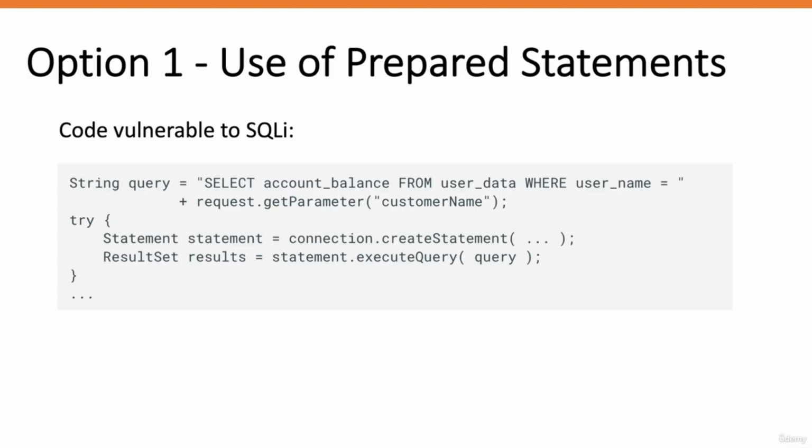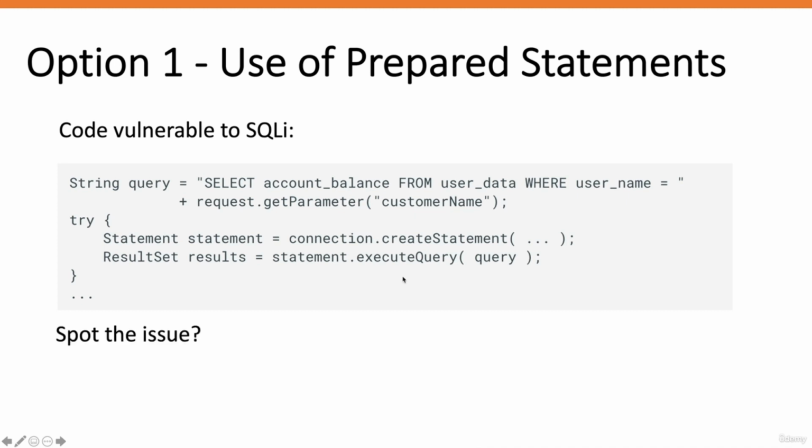Okay, so let's take an example first. You've got a code block over here. The first one, which is query, has: select the account balance from the user data table where username is equal to request.getParameter customer name. So what this does is it takes user controlled input, customer name, and adds it directly to the query, and then it defines the structure of the query, and then it executes the query.